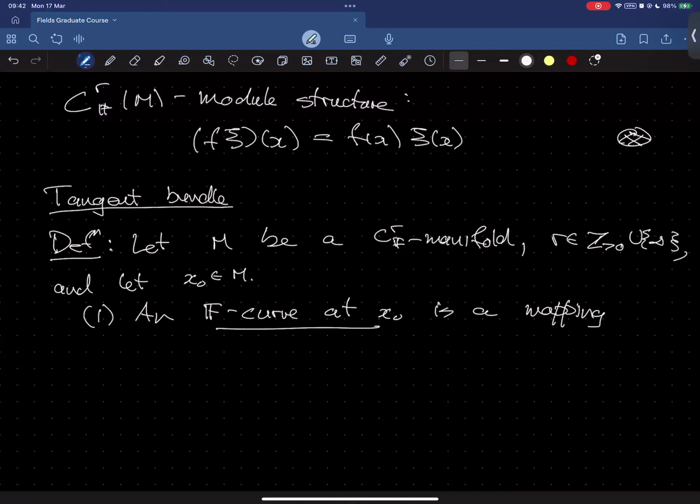So it's a mapping gamma from I into M, where this I in F is a connected open set.